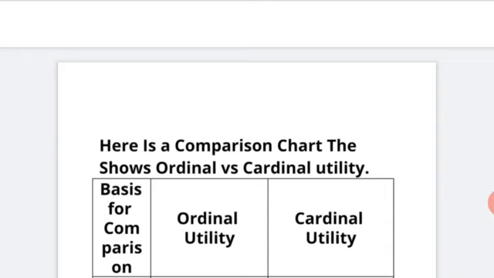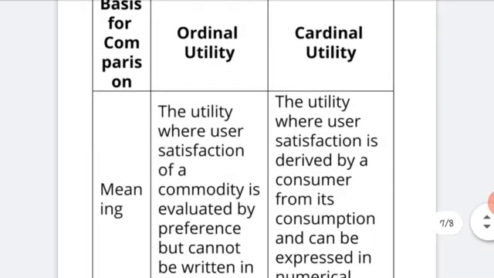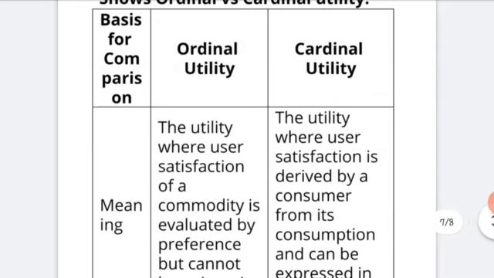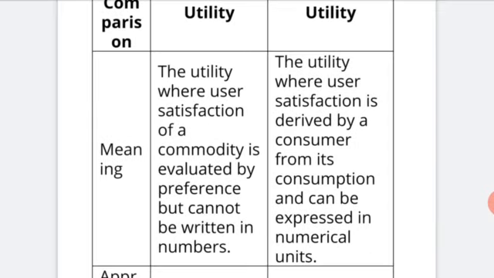So the question arises, is there any difference between ordinal and cardinal approach? Yes, there is a difference. Meaning: in ordinal, the user satisfaction of a commodity is evaluated by preference but cannot be written in numbers.